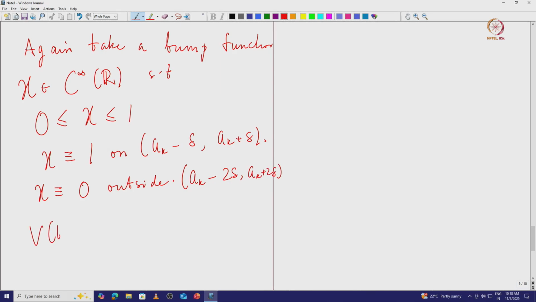And let v of t be simply, right. So I have to be a bit careful.